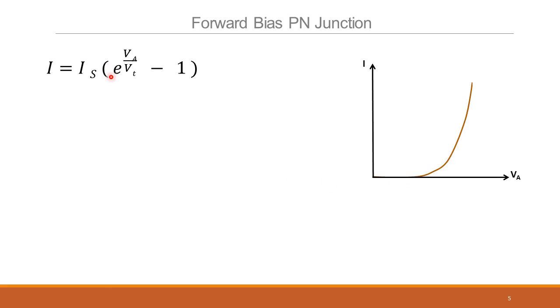You can see that Vt, let's say, is 26 millivolts. For every 60 millivolts change in Va, you'll see that the current actually changes by a decade. For every 60 millivolts increase in Va, there will be a 10x increase in current.